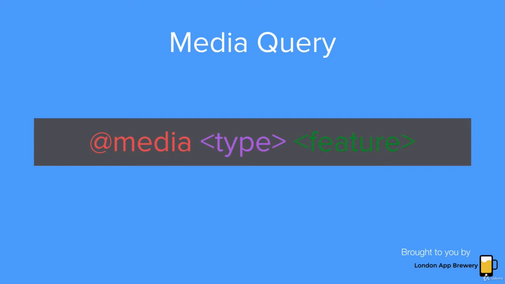And this is roughly how the media queries are structured. Firstly, you have the @media keyword, which says that everything that comes afterwards is a media query. The next thing is the type of media or medium that we are selecting on. So the code should only be activated if the website is being displayed on a screen, or if it's being printed, or if it's on a screen reader. All of those kinds of things. And then the third thing is the feature.